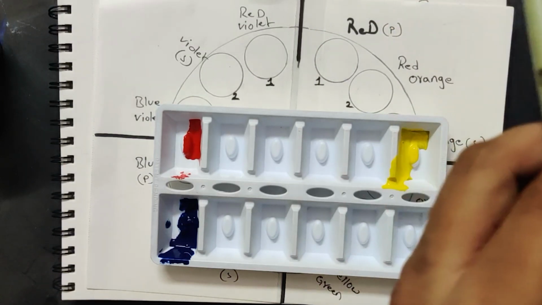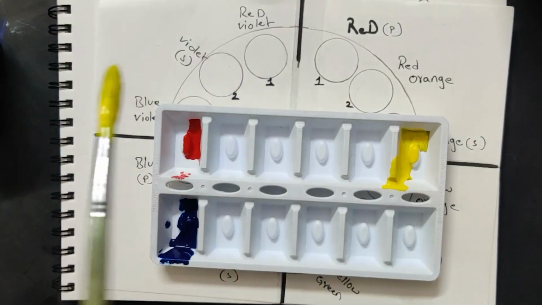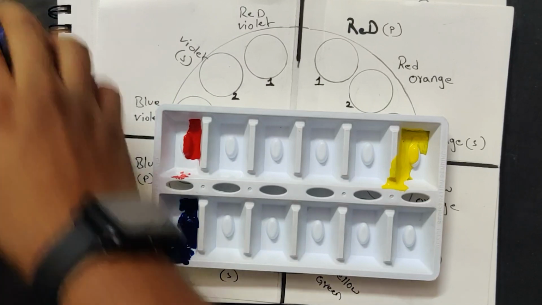I've taken all the 3 colors that are required. Now let us start making the color wheel.